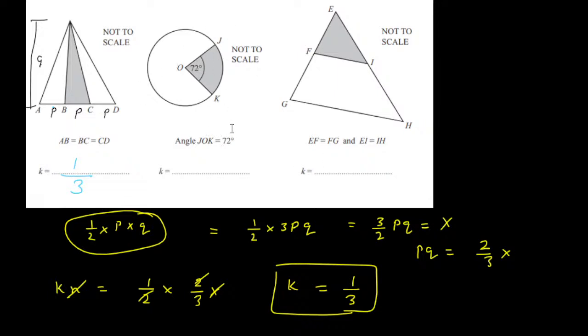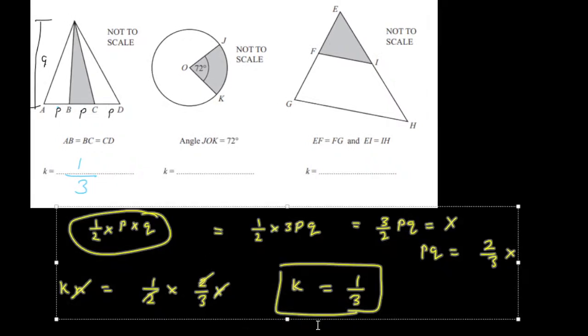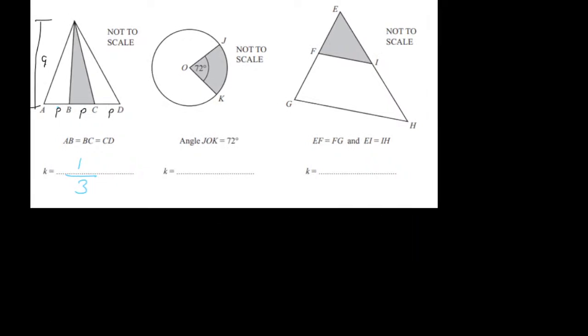Angle JOK is given 72 degrees. So k is actually nothing but the area of the shaded part divided by the total area.